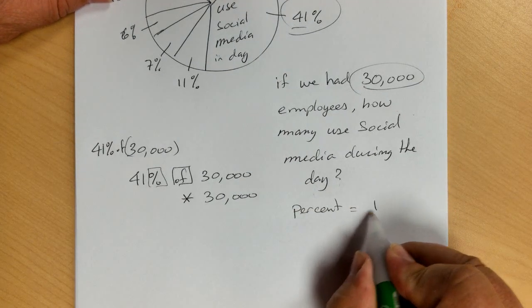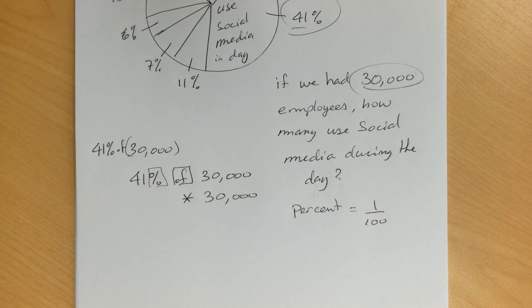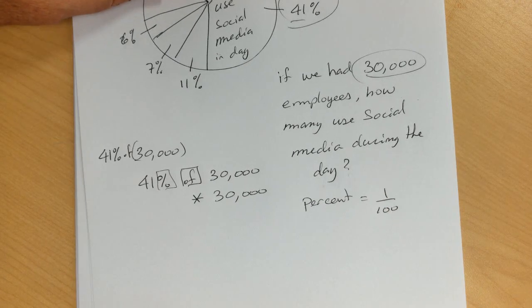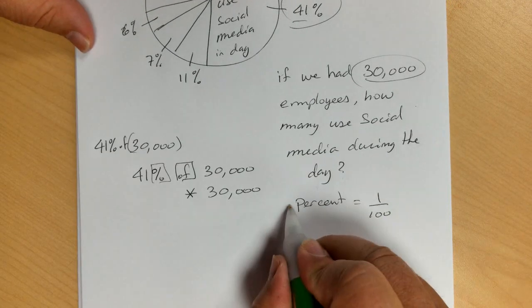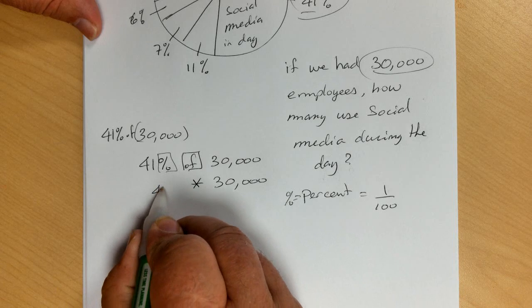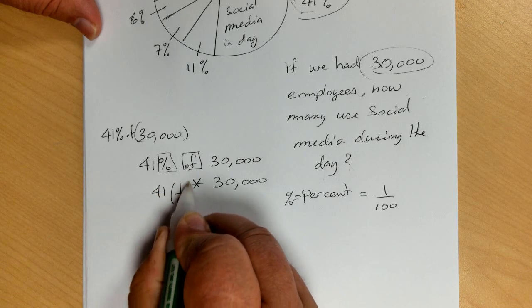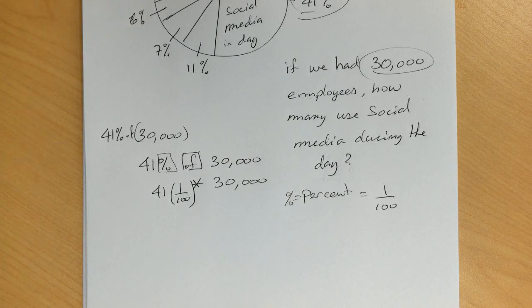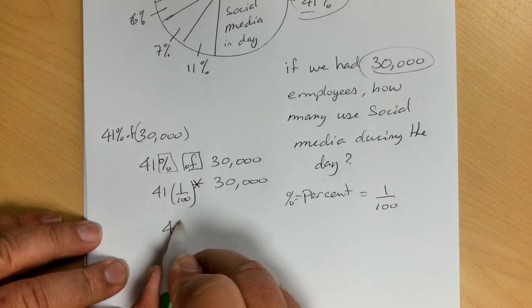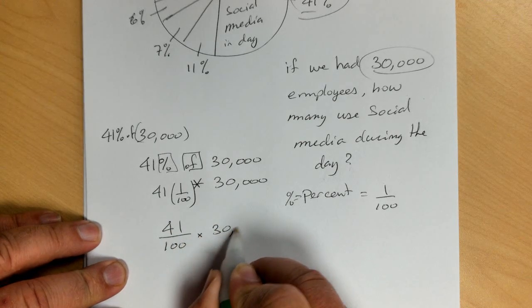Percent means 1 over 100. So the symbol percent means 1 over 100. So it's 41 times 1 over 100, (41 over 100) times 30,000.